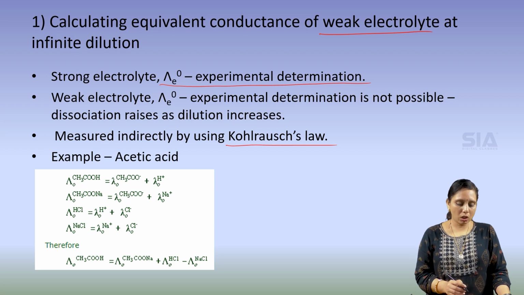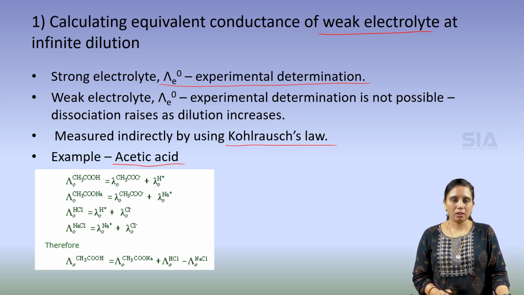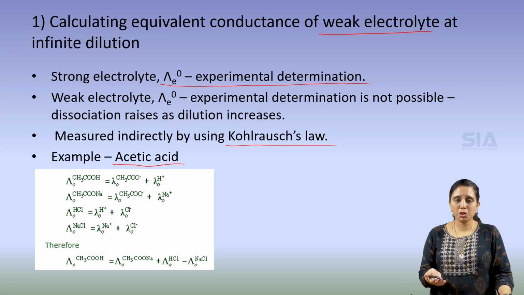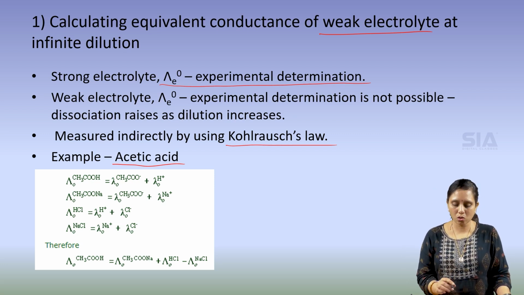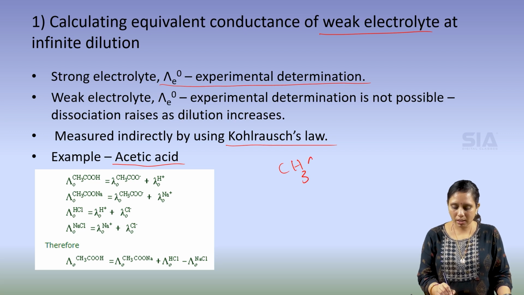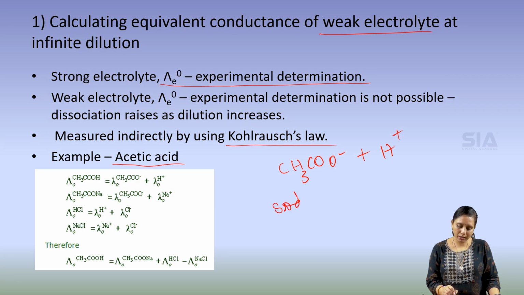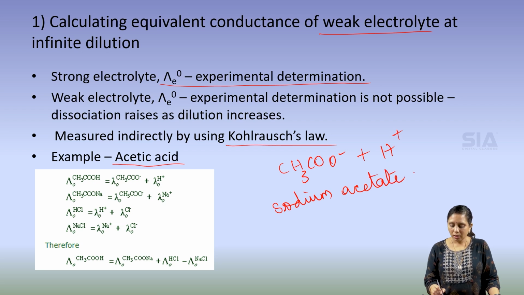For example, acetic acid is a weak electrolyte, and the ions formed after its dissociation are acetate, CH3COO minus, and H plus. Whereas sodium acetate is formed by the reaction of NaOH and acetic acid.